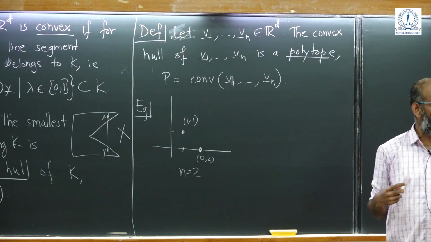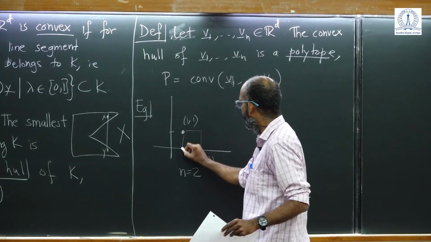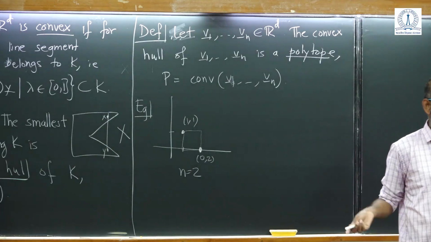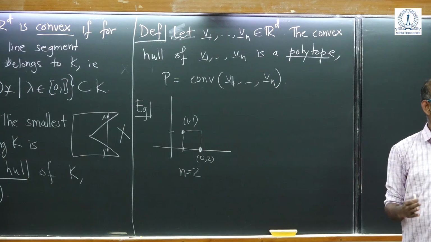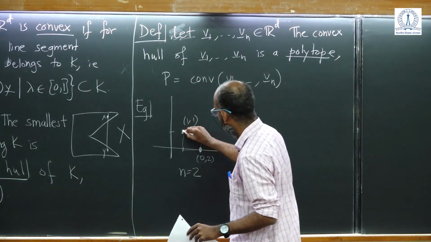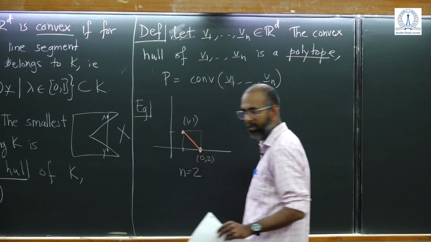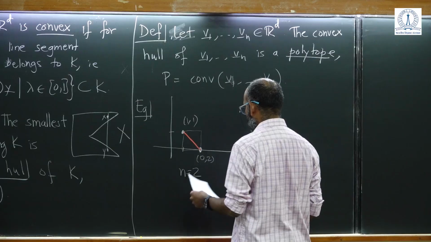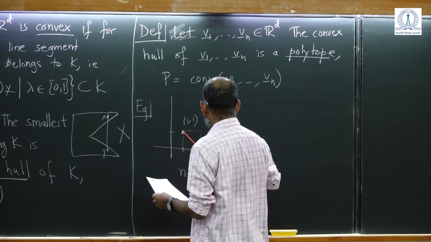Certainly I can draw this square, it's convex and contains those two points. I can draw a circle, I can draw many things. But what is the smallest? What will be at the intersection of all of them? The straight line, yeah, exactly. So that is the convex hull in this case.